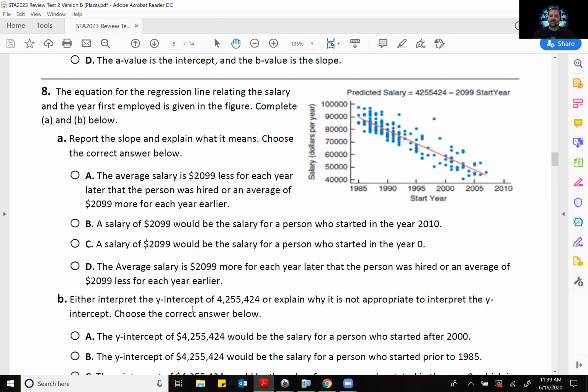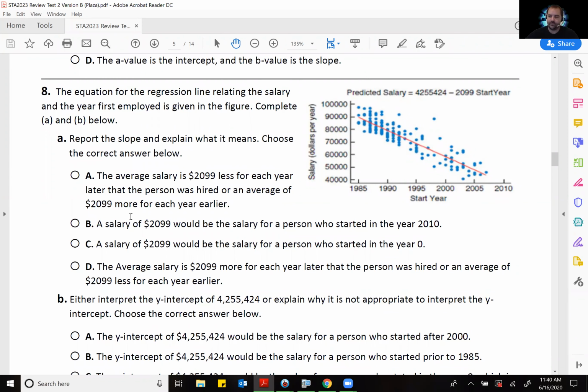Because again, remember the slope is all about that average Y value. So this says the average salary, which is all about the Y value. And because it's subtraction here, that means it's going down. It is less for each year, which represents the year that we keep moving up, so that's moving up by 1 unit.